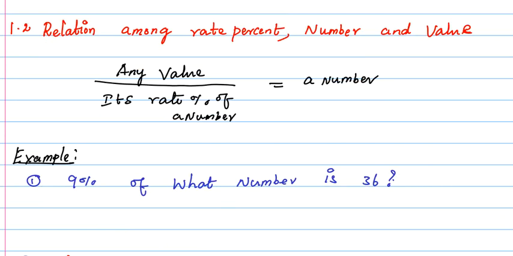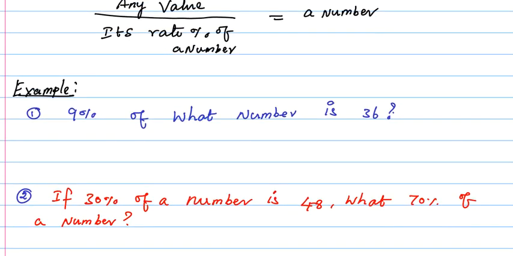Simply, instead of this question they are asking like this. That means 9 percentage of x equal to 36. So that number is not there. Our aim is to find x.